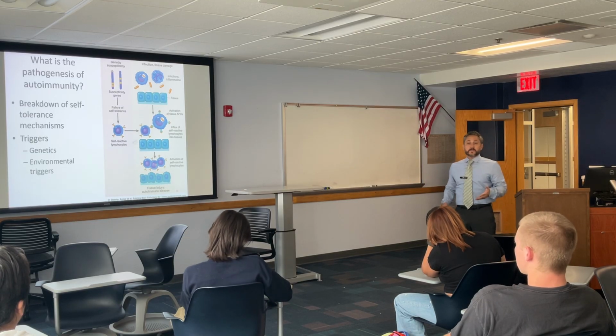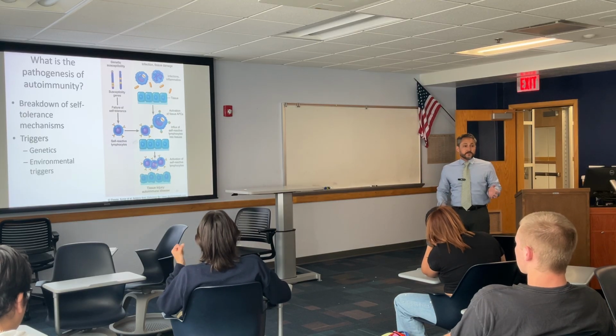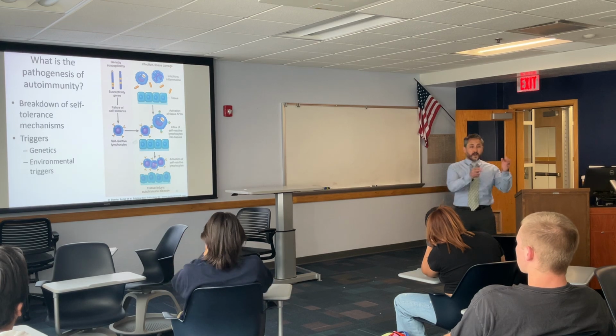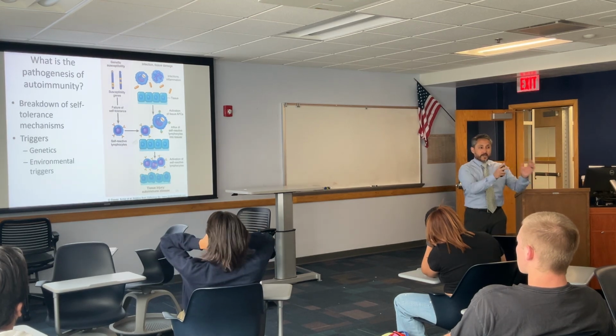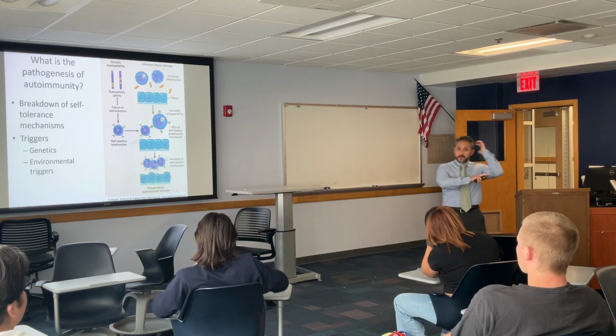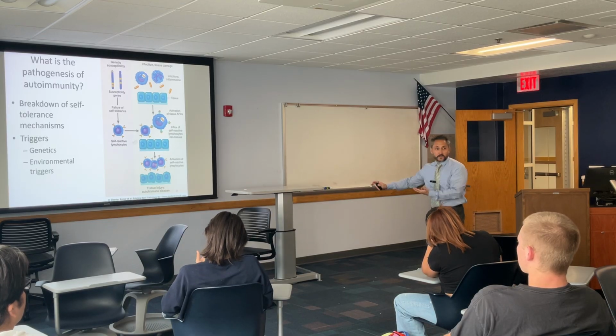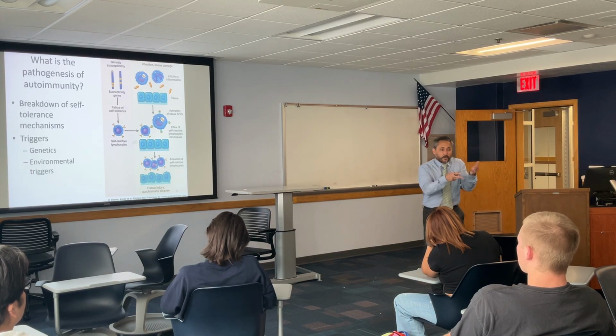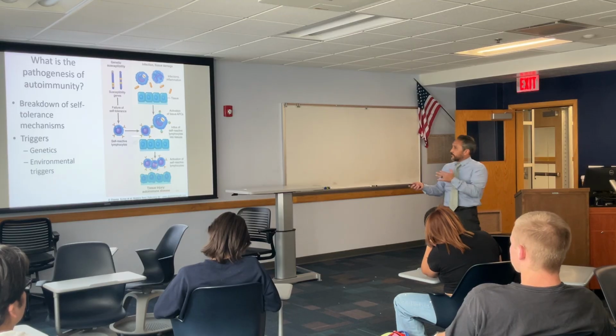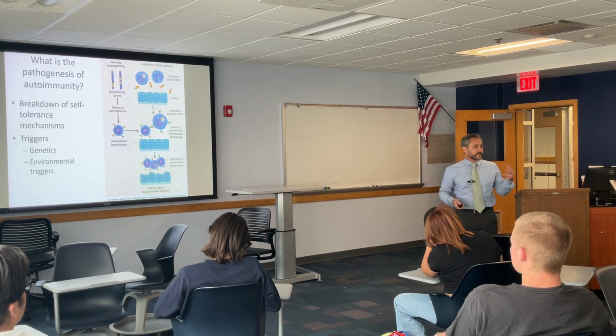And they're going to do something that we don't want them to do. So we talk about clonal selection and central and peripheral tolerance first before we get into this part of the lecture, because you have to understand how it works normally before it makes sense to talk about some of these diseases.